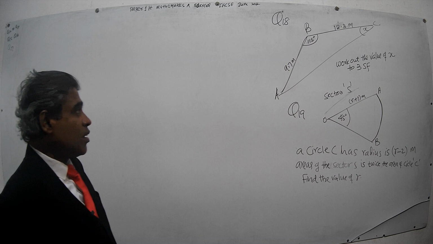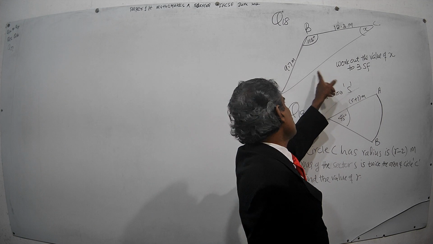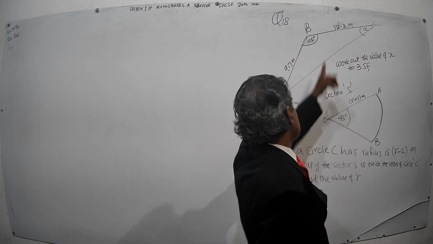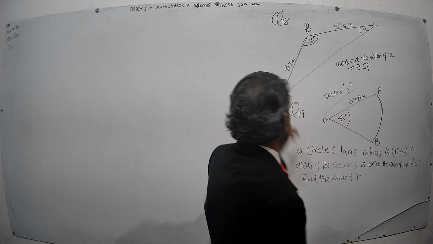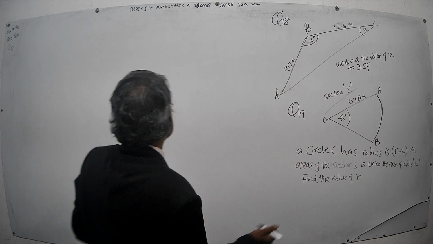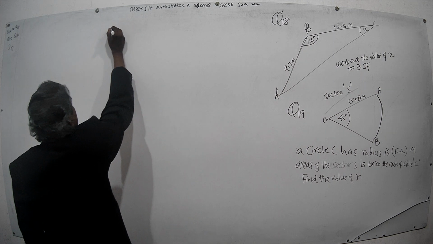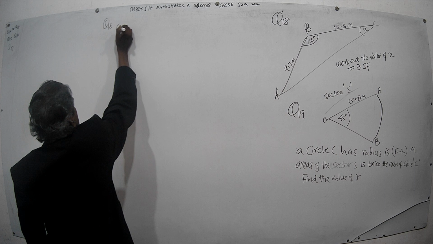We have to find this side first. There is no way else but to use the cosine rule for finding AC, because its opposite angle has been given, and the other two sides have been given. So we first find side AC using the cosine rule.